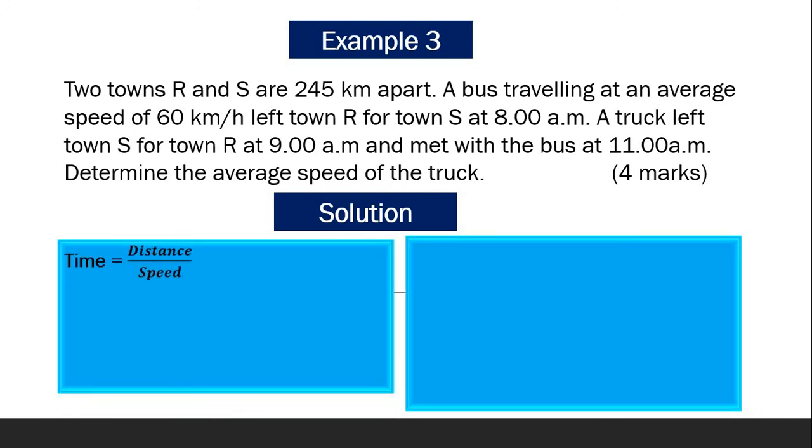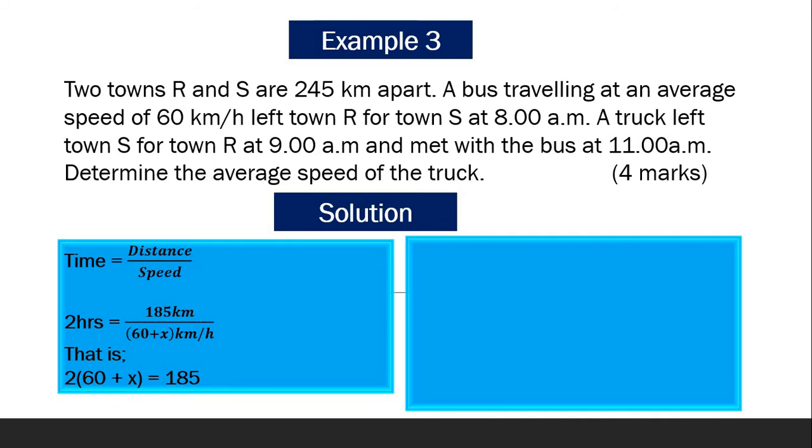So time equals distance over speed. So 2 hours equals the distance between them, which is 185, divided by the kilometers per hour, which is the sum of the speeds. So we cross multiply to find the value of x.